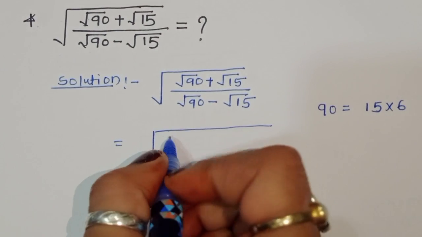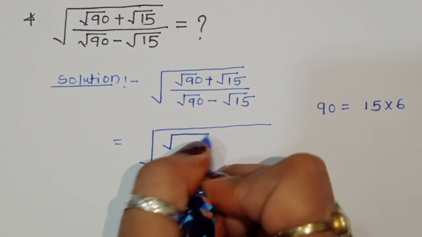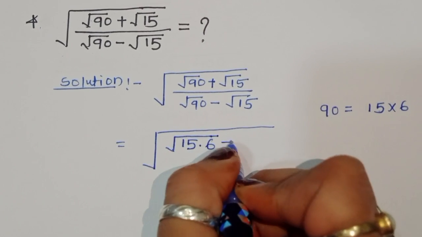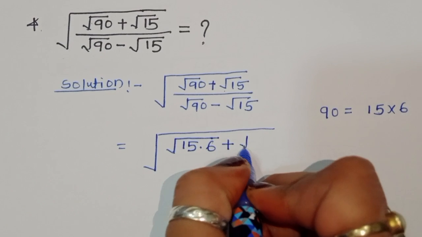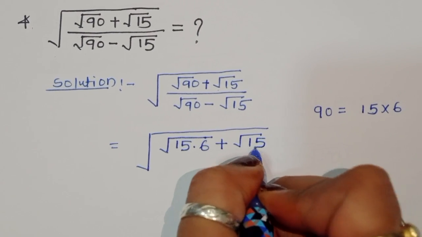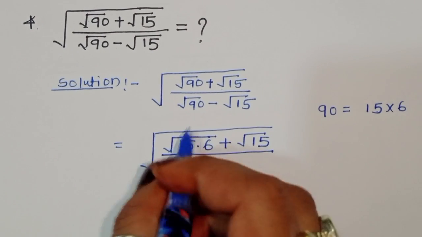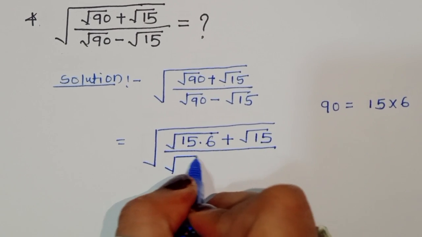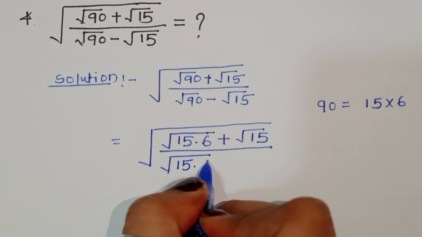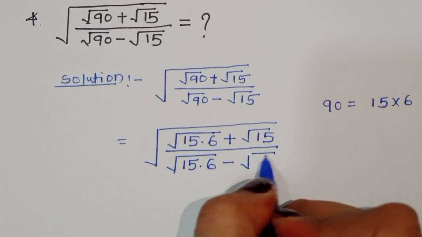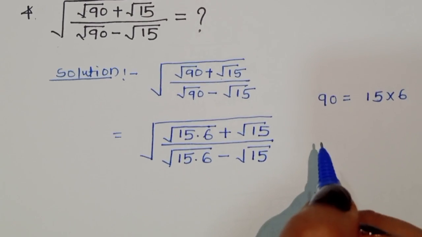So the factor of 90 is 15 times 6, plus square root of 15, divided by square root of 15 times 6 minus square root of 15.